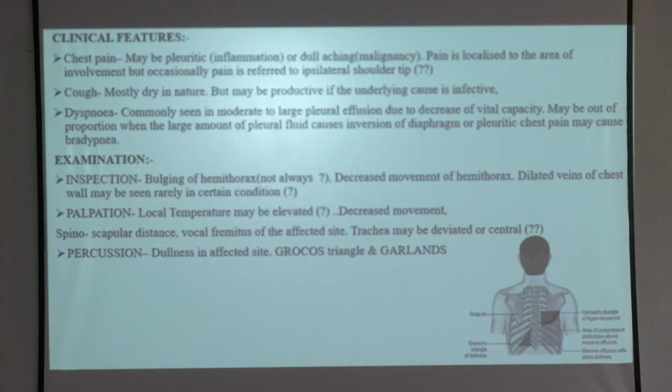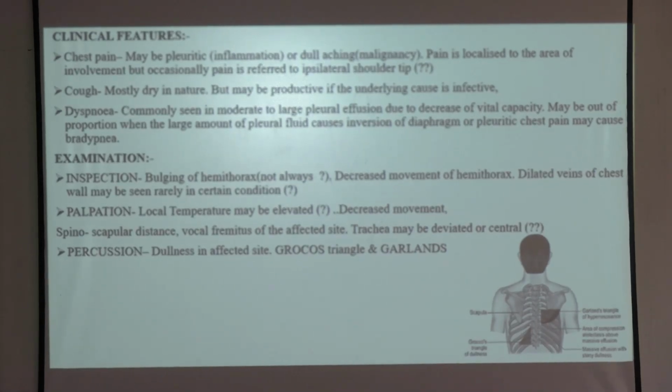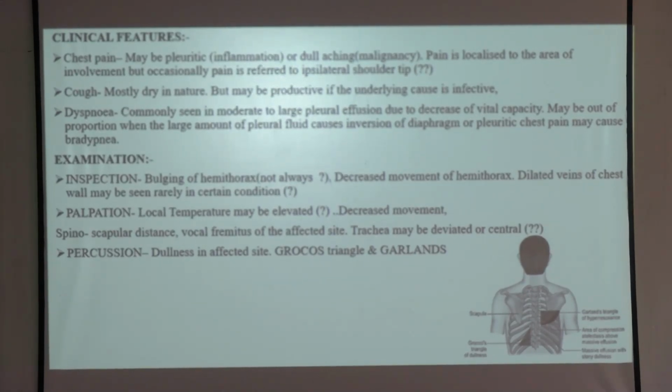This is dull because of accumulation of pleural fluid, but the upper part of the area involved in pleural effusion may be hyperresonant because of compensatory hyperinflation. So you find this area dull, and just above it, the area is hyperresonant, right? So this is called Garland's triangle of hyperresonance.